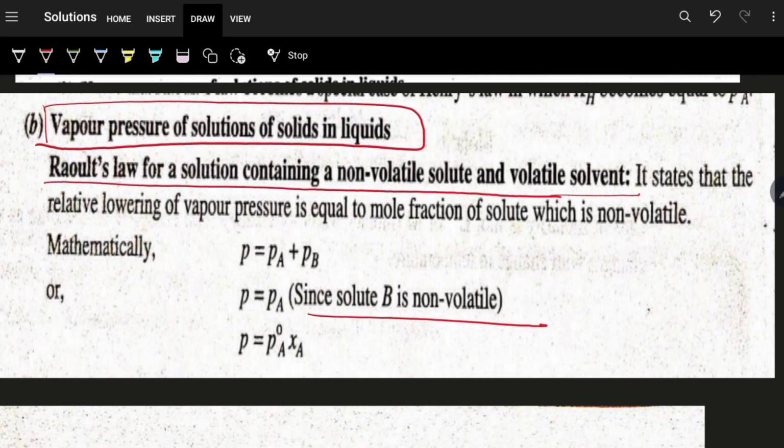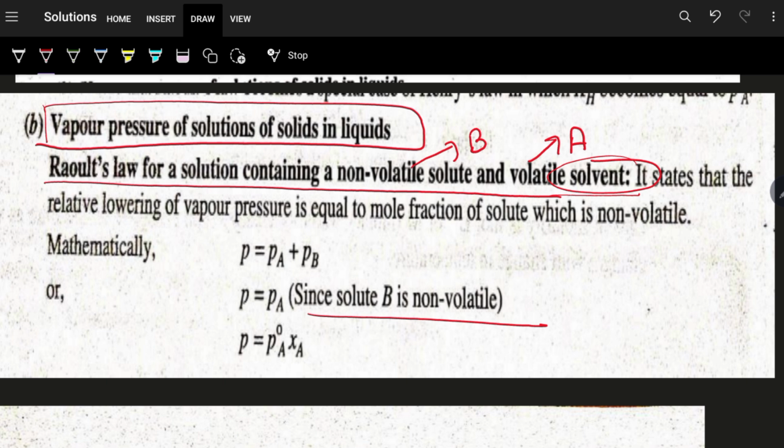Next, vapor pressure of solutions of solid in liquid. We were talking about two-liquid solutions. Now we have to talk about a non-volatile solute and a volatile solvent. That means the vapor pressure that you get will be on account of the solvent itself, because the solute is non-volatile.